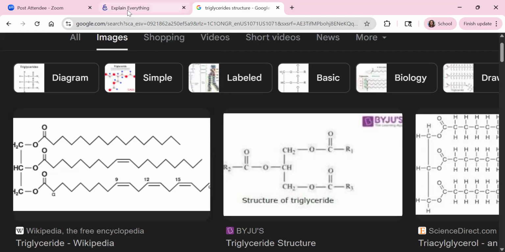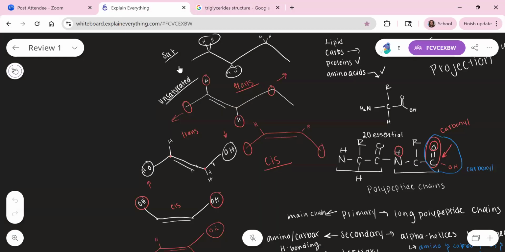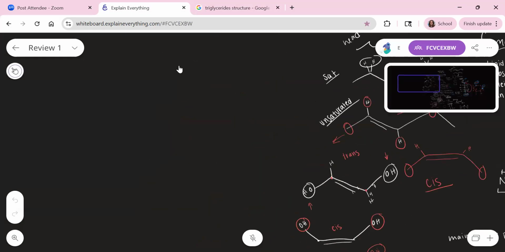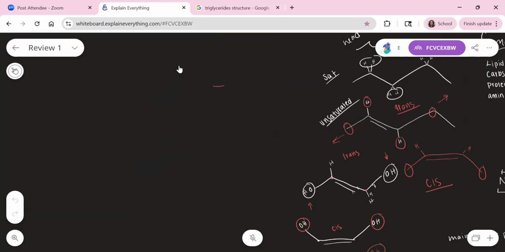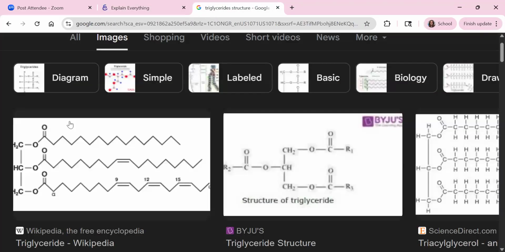So if I go back here to explain everything, a glycerol backbone basically just looks like this. So that is what we consider a glycerol backbone.